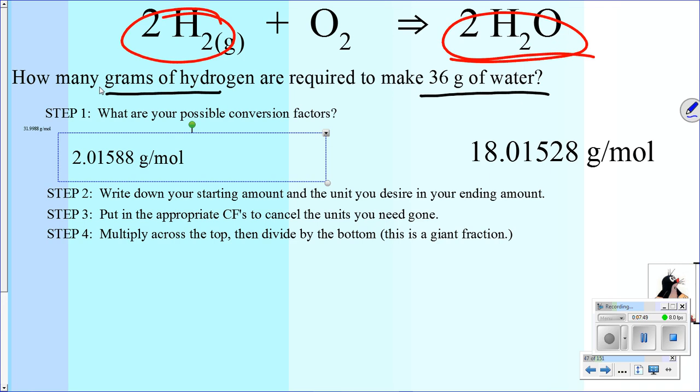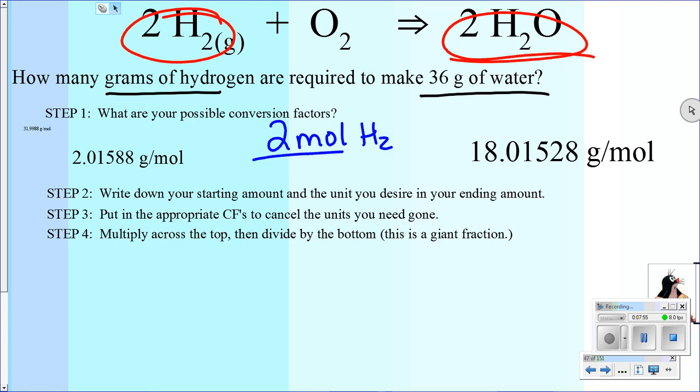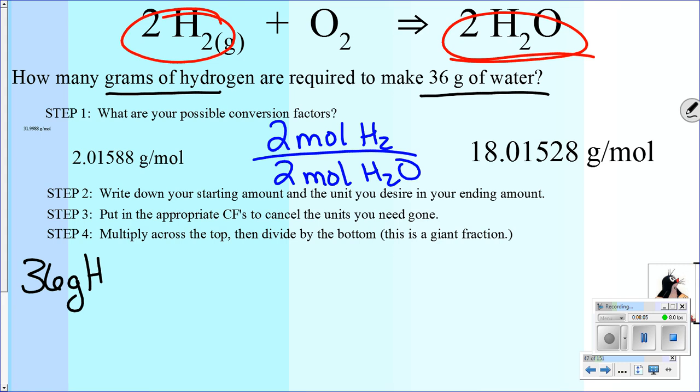So our conversion factor here is pretty simple, actually. We have 2 moles of H2 and 2 moles of H2O. And again, we can flip-flop that as we need to. So I'm going to start with my 36 grams of water. So we do want to get in the habit when we have these reaction problems of writing our substance with our amounts.